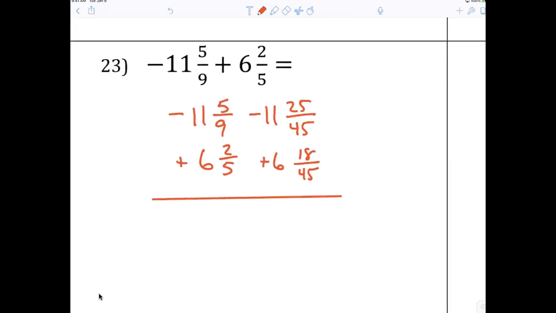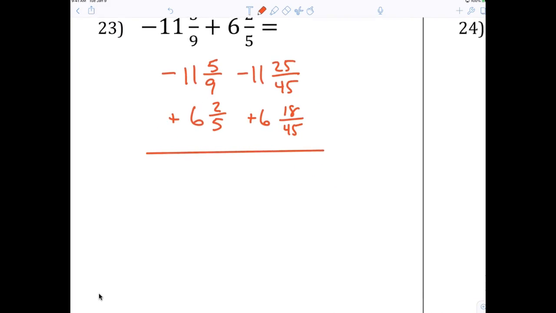So when I subtract, what do I get? 17? 7, you mean? Oh, 7. Negative 5 and 7 over 45. Does that reduce? No, you're right. All right, let's keep going.